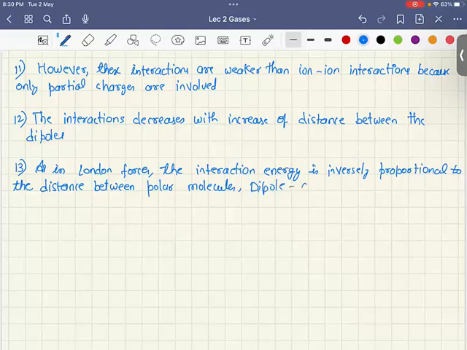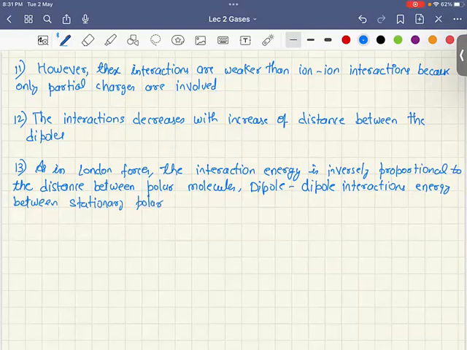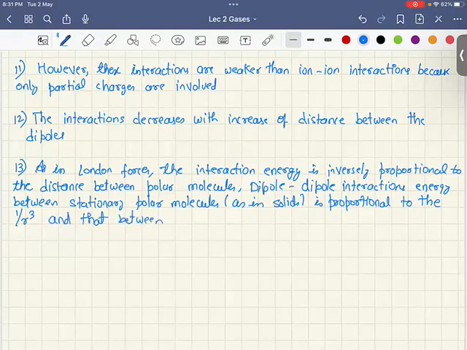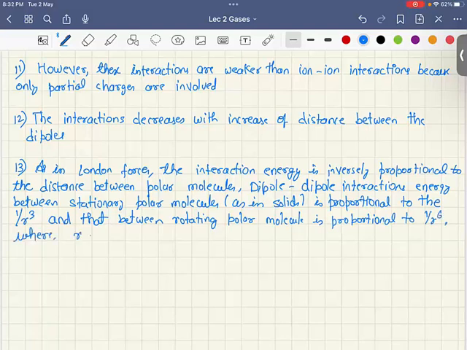And dipole-dipole interactions: energy between stationary polar molecules, as in solids, is proportional to 1 by r cubed, and that between rotating polar molecules is proportional to 1 by r to the power 6, where r is the distance between polar molecules.